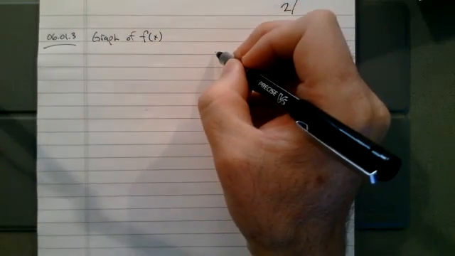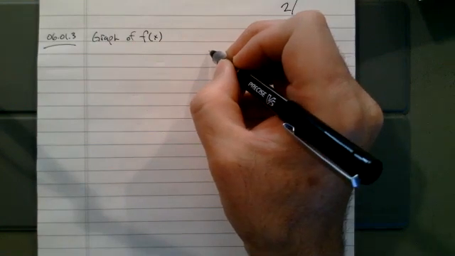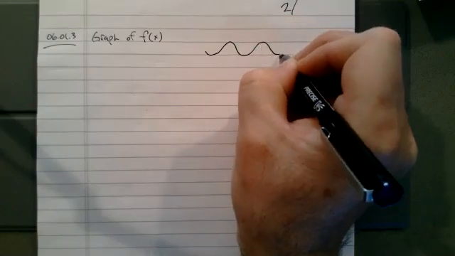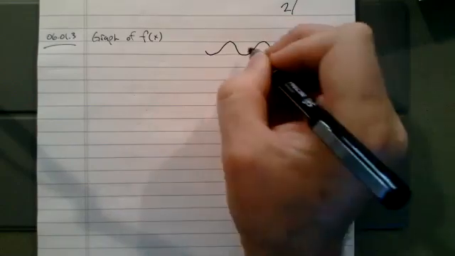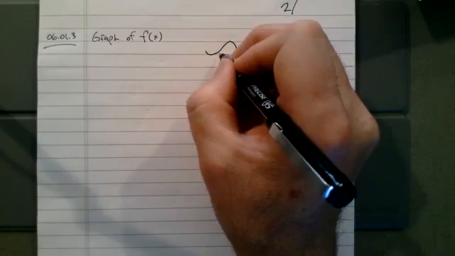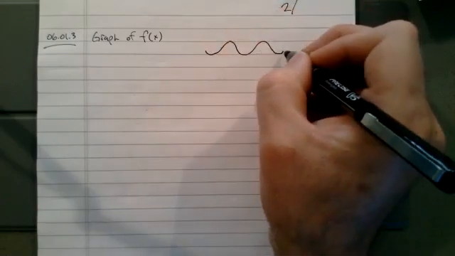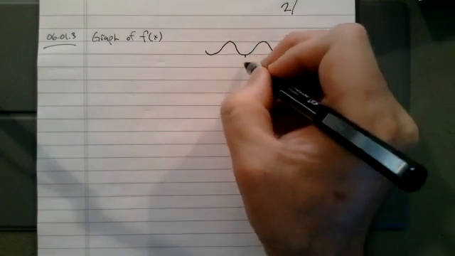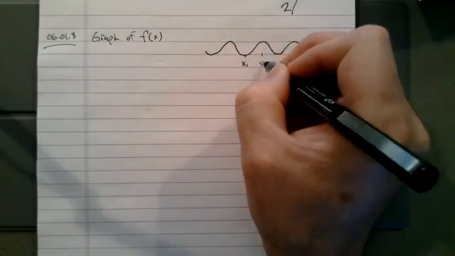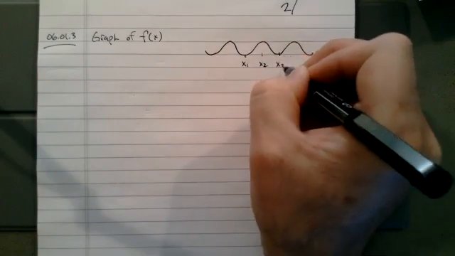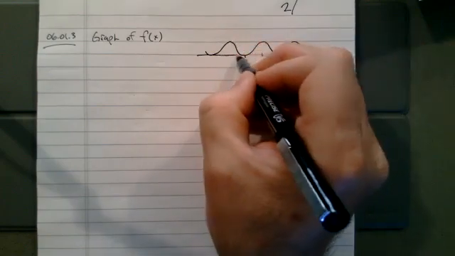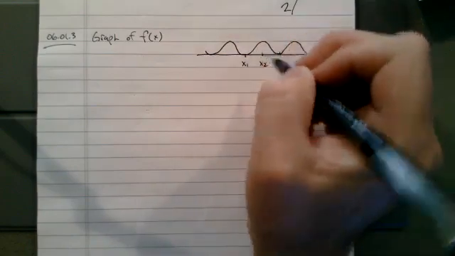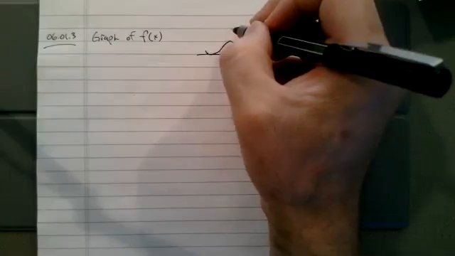It looks like some kind of shifted sine or cosine. Where this happens at x1, this peak happens at x2, and here we have x3. And here is the x-axis. And the y-axis happens at this peak before x1.